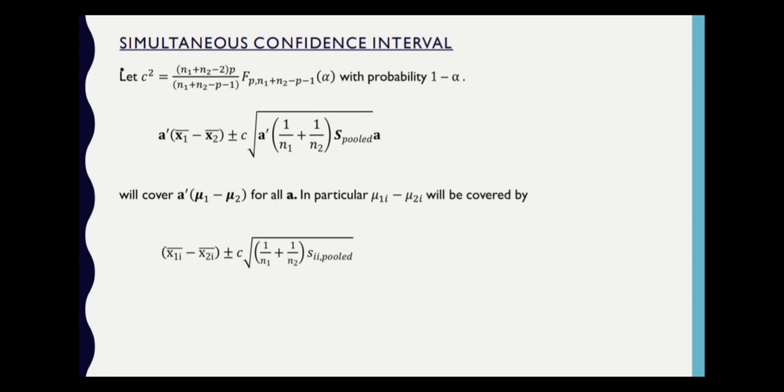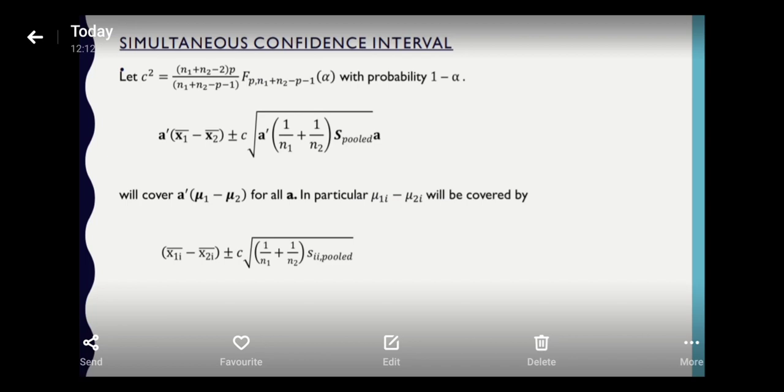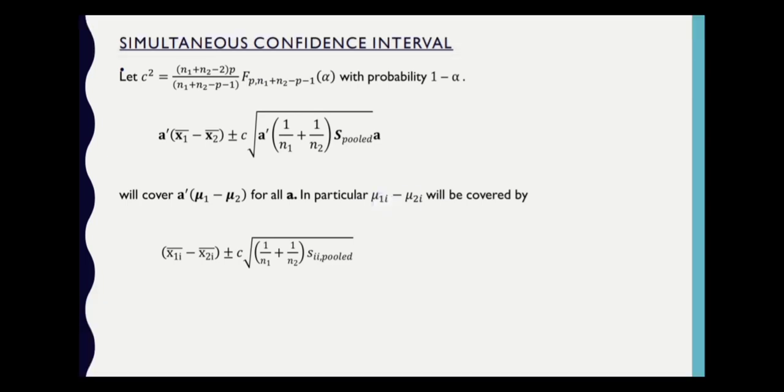Okay, let's see the formula. We use the same concept as before. Because we want to find the confidence interval for mu 1 and mu 2, the means of the first and second populations, it will be the mean vector of the first population minus the mean vector of the second population, plus minus c, where we use the F distribution from the previous topic.